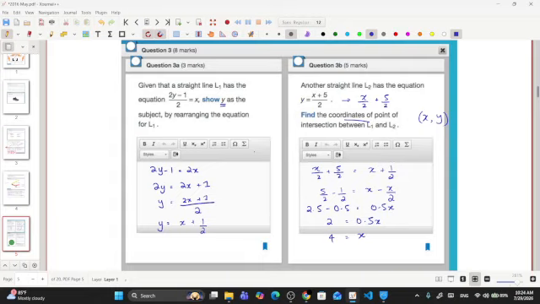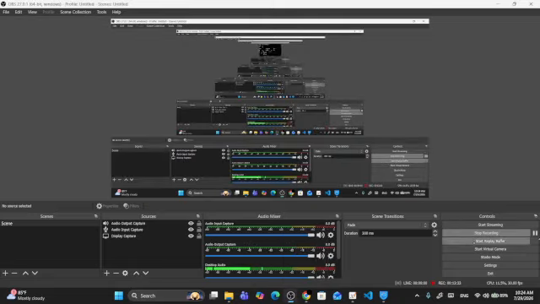So 4 plus 5 over 2. 4 plus 5 is 9, and 9 over 2 gives us the value of y. So the coordinates of the point of intersection are 4 comma 9 over 2, which can also be written as 4.5. Alright, does that make sense? Yep.